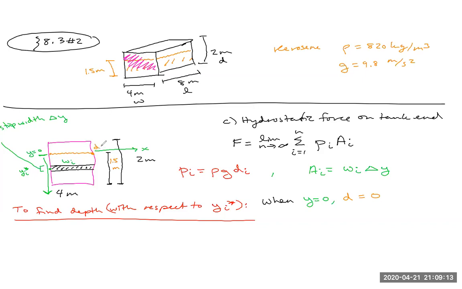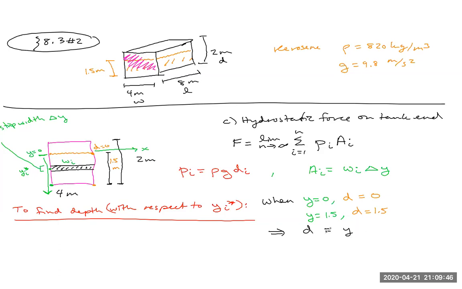Okay, d equals 0. And then when y is equal to 1.5, so right down here, what will your depth be? Your depth is going to be 1.5. Okay, so in this case, we see that d is equal to y.